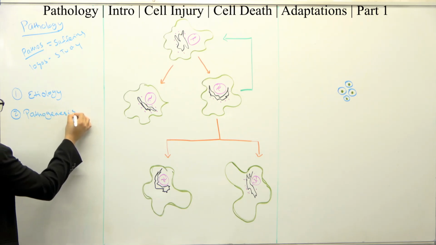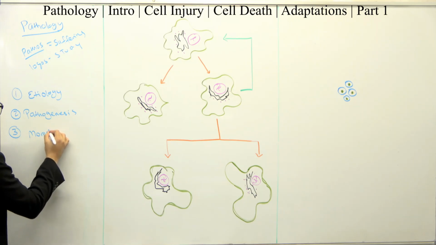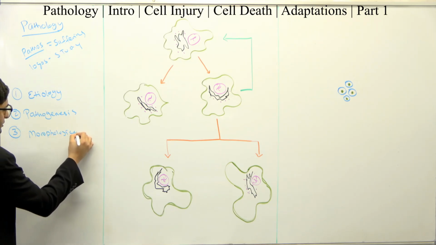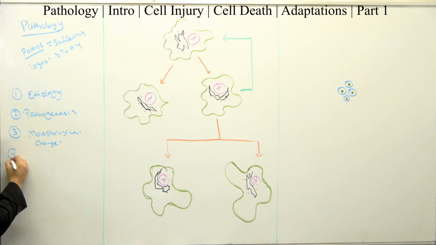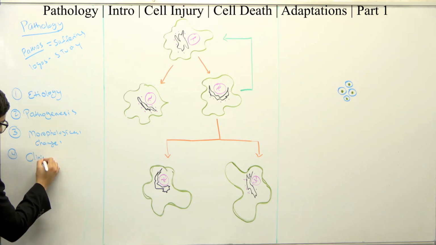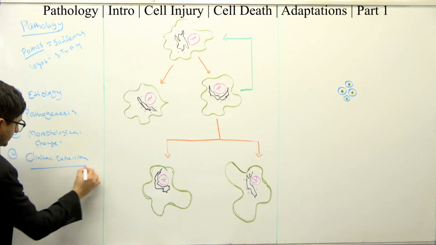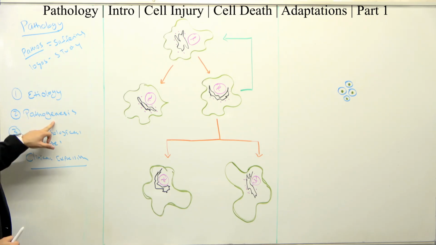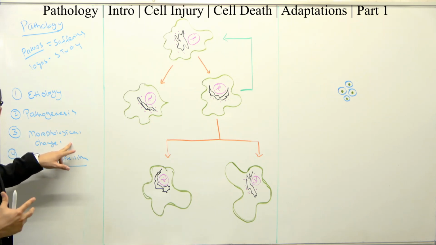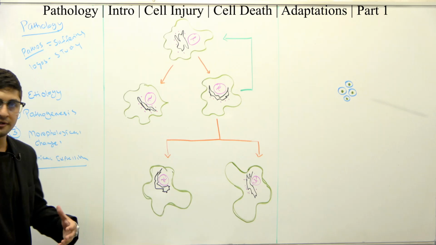Third, you have to look at the morphological changes, and we'll define what that means. And fourth is the clinical expressions. So for every disease, we have to talk about the etiology, the pathogenesis, the morphological changes, and then the clinical expressions.